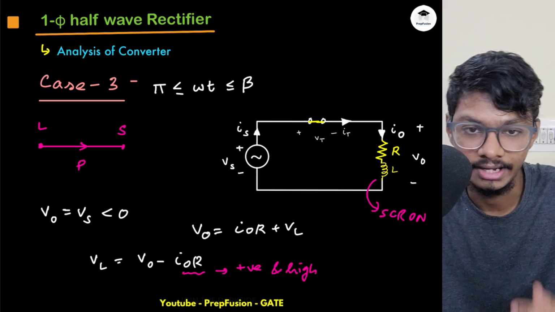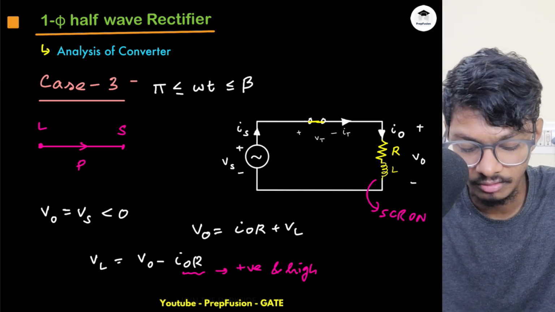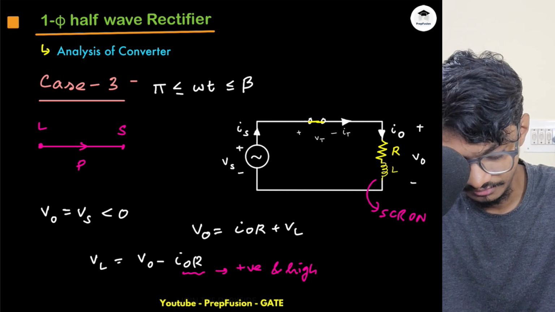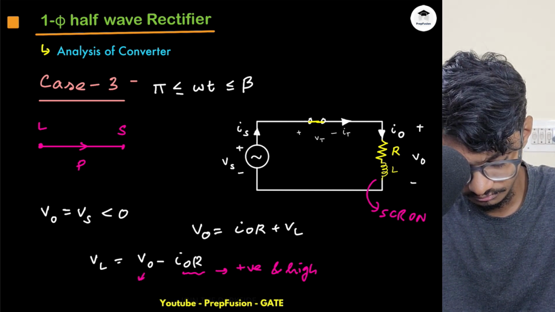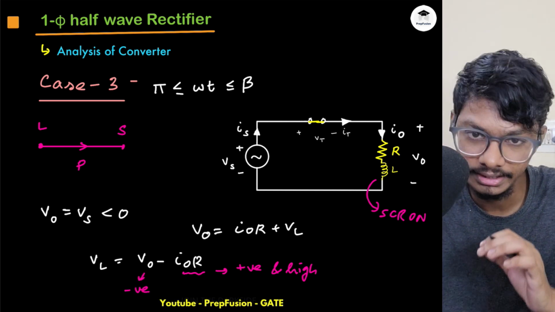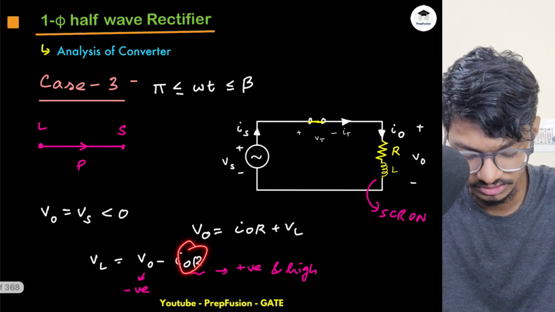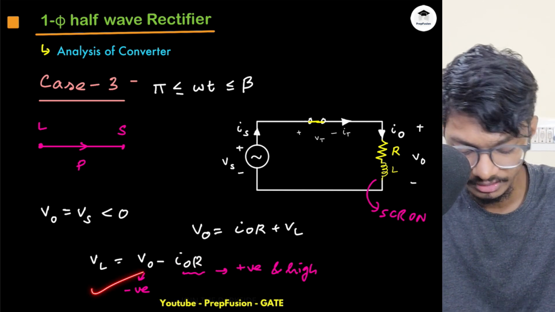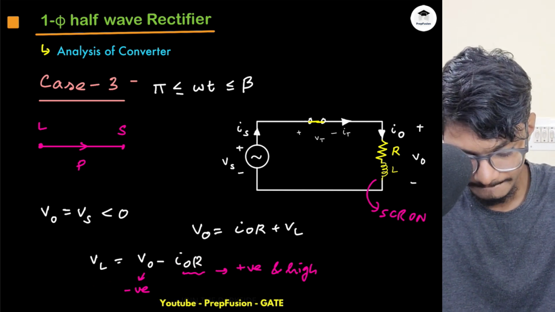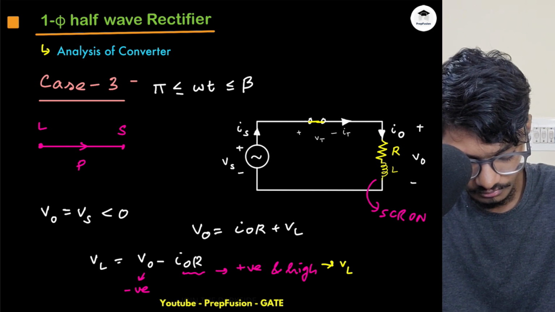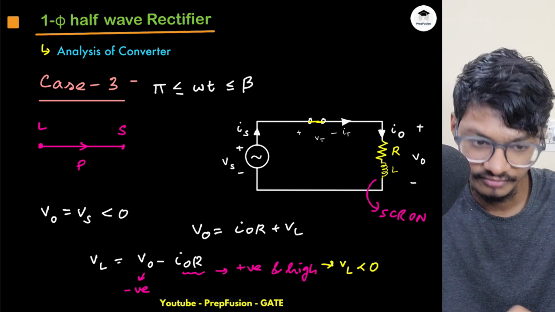Let's say IO is 1 ampere and R is 1 ohm only, and VO is some negative value. So I'm subtracting a positive number from a negative value, so overall I will get a negative value only. So I can safely say VL will be less than 0 volts.